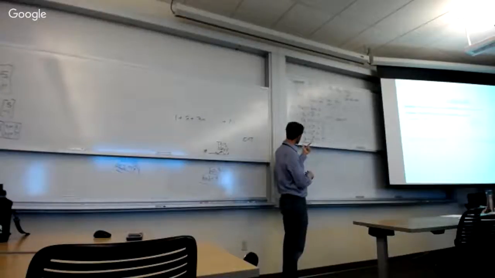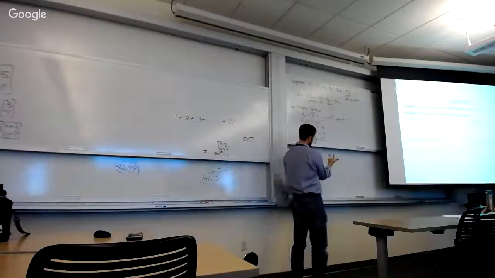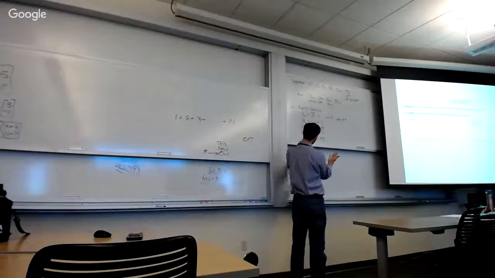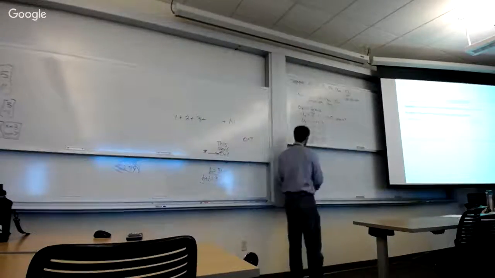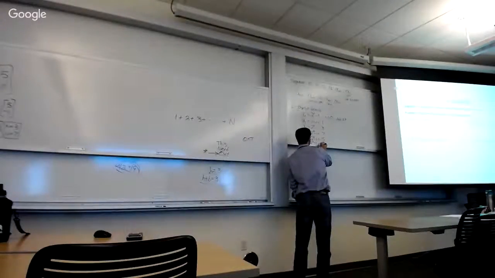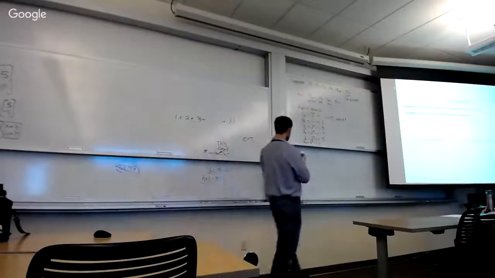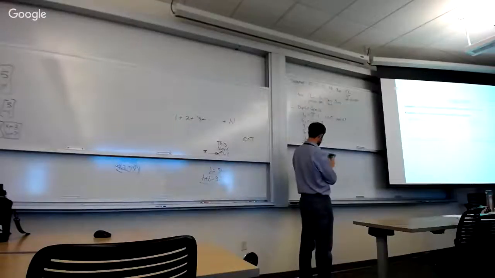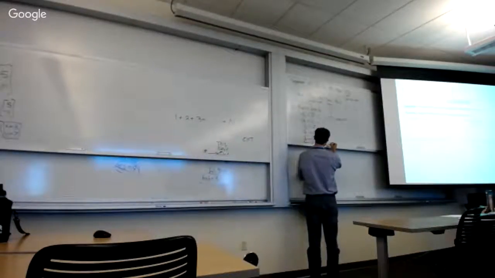So 2, 4, 8, 16, 32, 64, 128, 256, 512, 1024, 2048. Oh, I can't even do that. Well, anyway, it'd be some very big number minus 1. Got the best students in the world. You guys are great. You're a lot of fun. So 2 to the 15 minus 1. Okay, so the actual answer is 32,767.